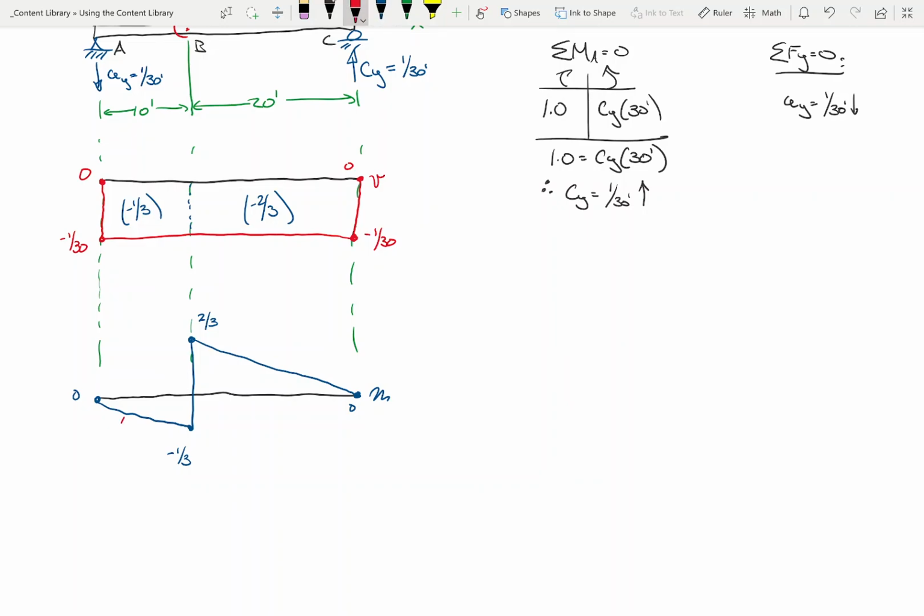And so that we're aware, this is a slope of minus 1/30, a slope also of minus 1/30. Okay? I'm going to point out that this is 0, 0. This is 30, 0.